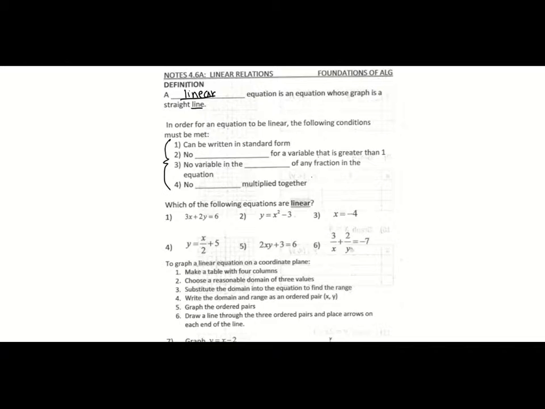Our first condition is that it must be able to be written in standard form. And we'll talk about what that is in a few minutes, but it has to be able to be written in that form. Our second one is that there are no exponents for a variable that is greater than 1.